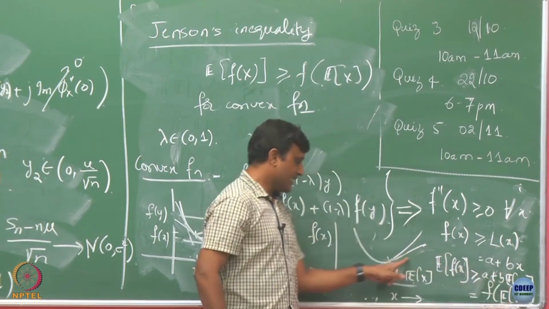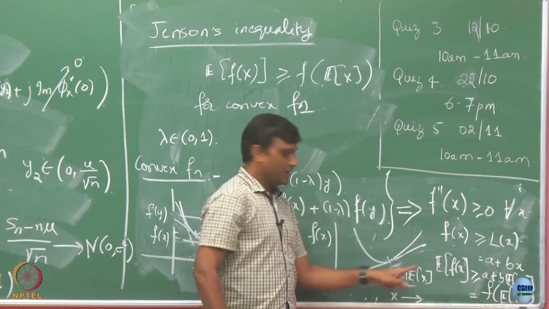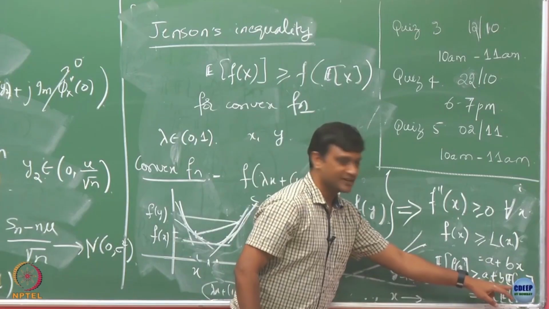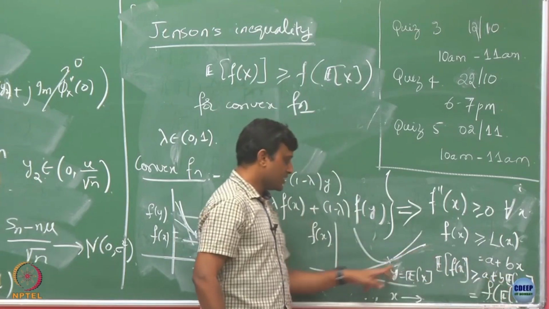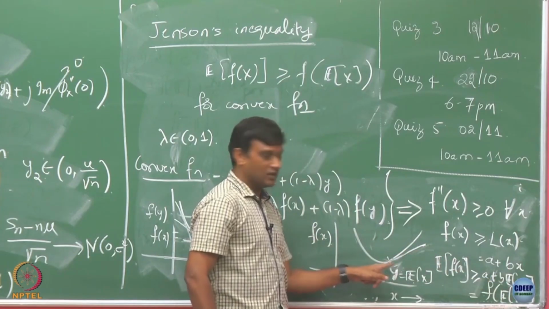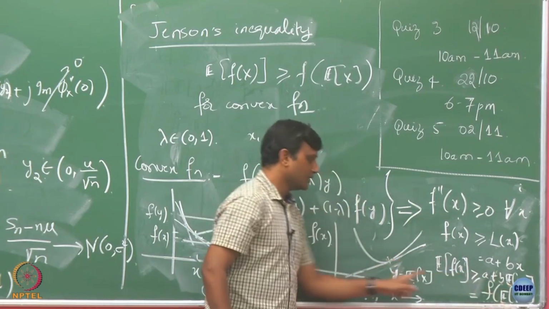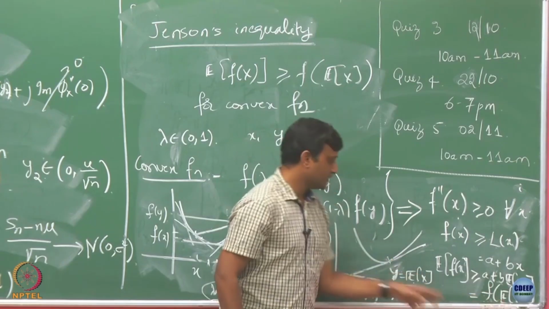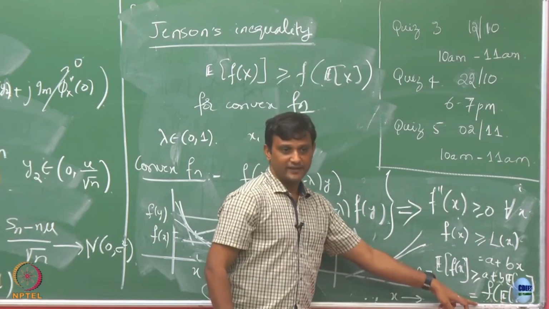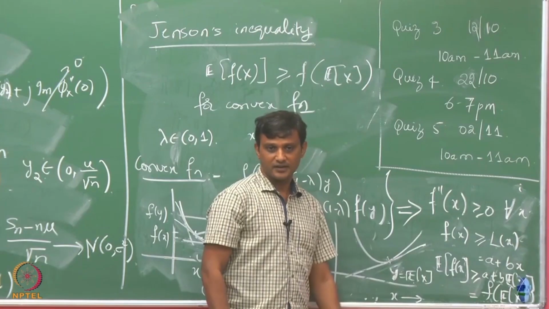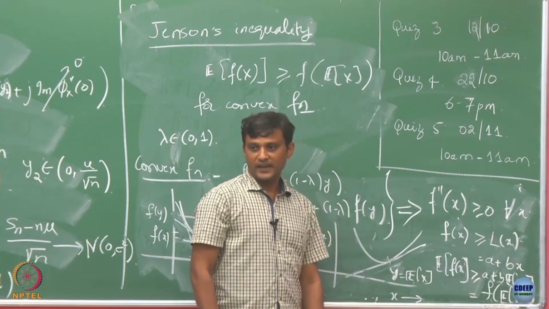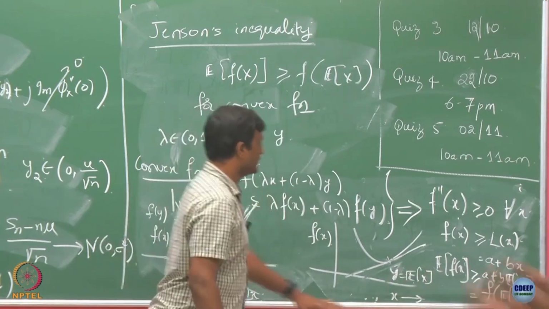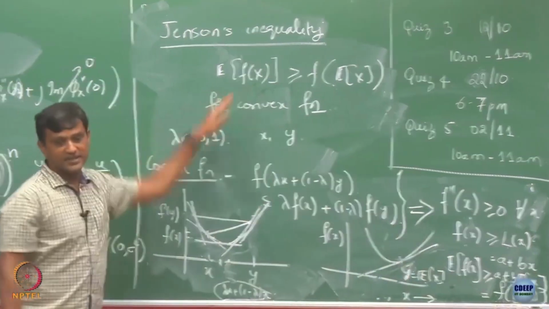So this is a linear line which is computed at a different point, a plus bx, but now if I am saying this is a plus b expectation of x, that means this function is being computed at expectation of x, and at this point a plus b expectation of x is nothing but f of expectation of x. So that is why expectation of f of x is going to be greater than or equal to f of expectation of x. So this is exactly what we said as Jensen's inequality.